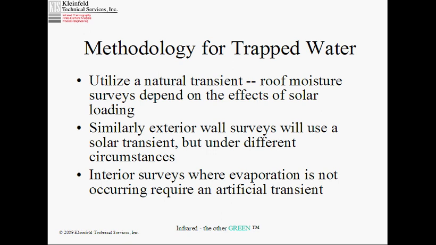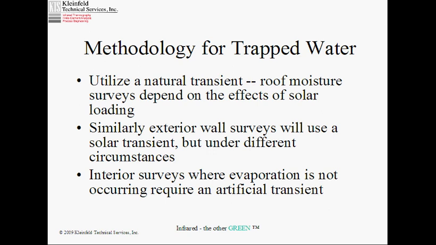Trapped water, you need a transient. It's nicer to use naturally occurring transients, such as sunshine, such as a diurnal temperature change. And you saw examples of that both for the delamination water combination where I showed you that stucco building over terracotta. You saw it on the one with the loose brick.